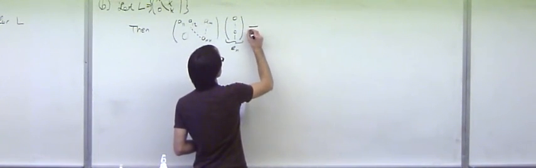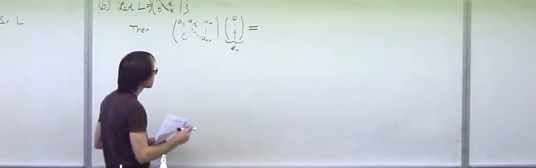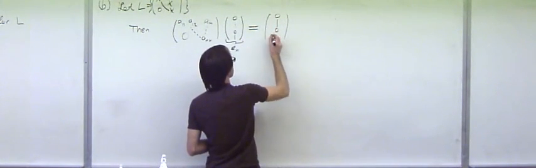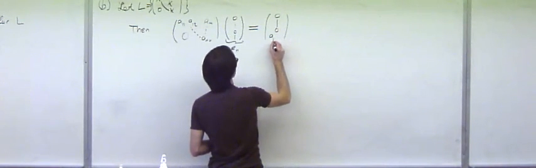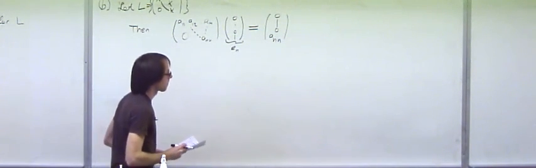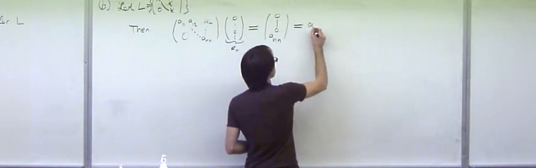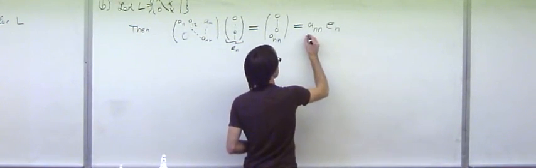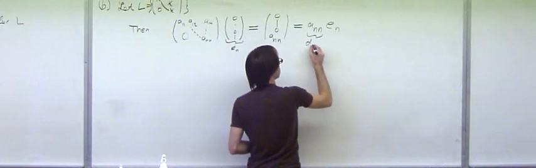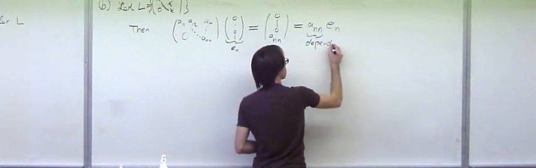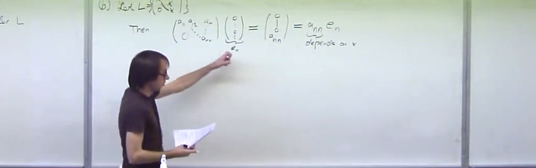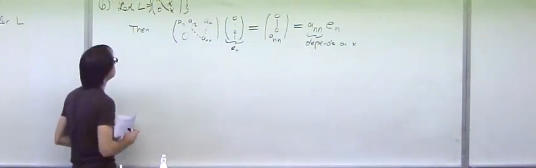Just do the matrix vector multiplication and I get zeros everywhere except ANN in the last component. So this is ANN En. So here this depends on X, because it's the component in the lower right corner of X.